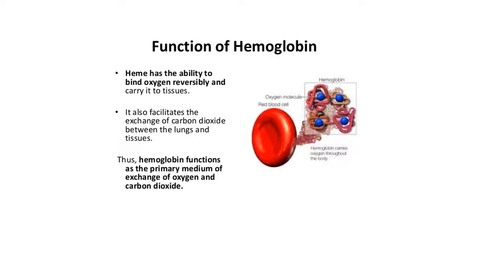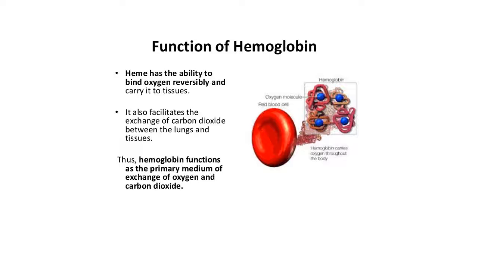Carbon dioxide, exactly the opposite. In the lung, carbon dioxide is high in the blood capillaries, low in the alveoli. So carbon dioxide diffuses from the red blood cells into alveoli. Before it diffuses, it needs to detach from hemoglobin.